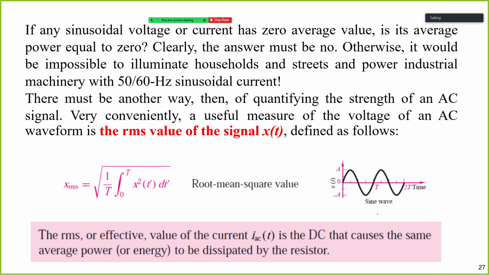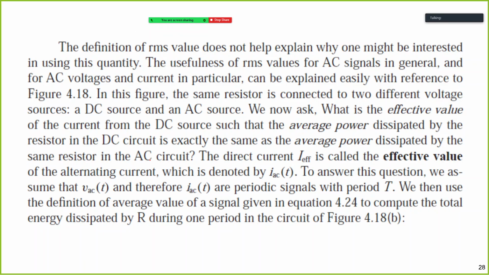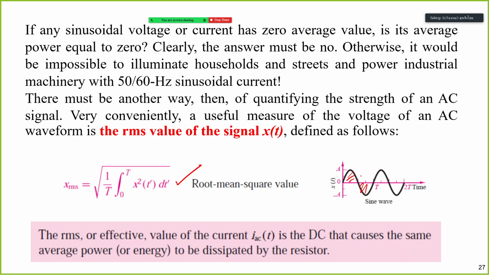Okay. So this is the RMS value, or root mean square value. And in this case, we take the square root of the integration of the squared signal over one cycle. So we always have this value positive, right? It's not equal to 0. It will be more than 0 in this case. Or this value may be called the effective value. It will equal the DC source that represents this AC source.